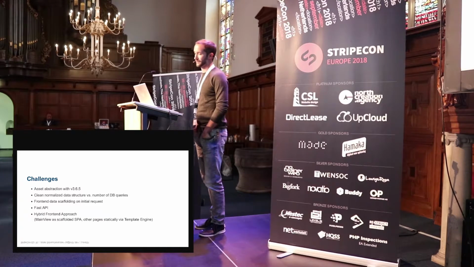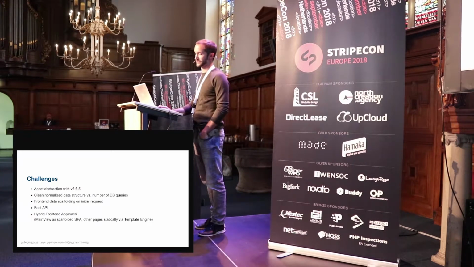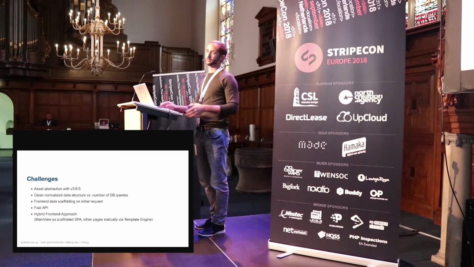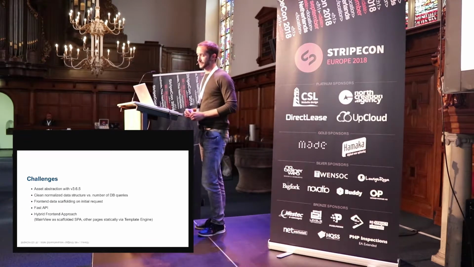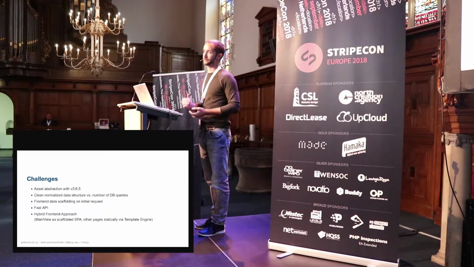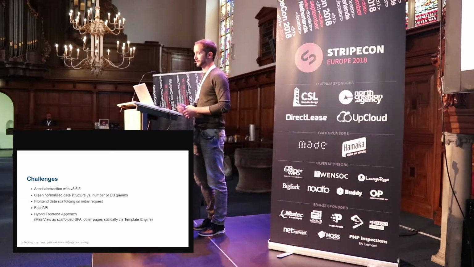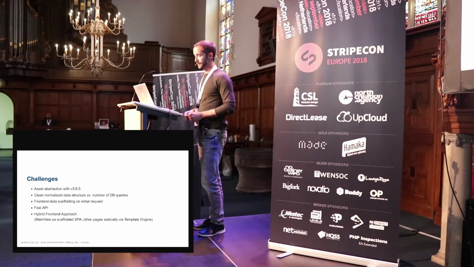But as we know, we only have that in version 4, so this was definitely a challenge. We wanted to have a clean and normalized database structure. Plus, we wanted to shrink the number of database queries we have to work on for the front end, just to limit that to the minimum.